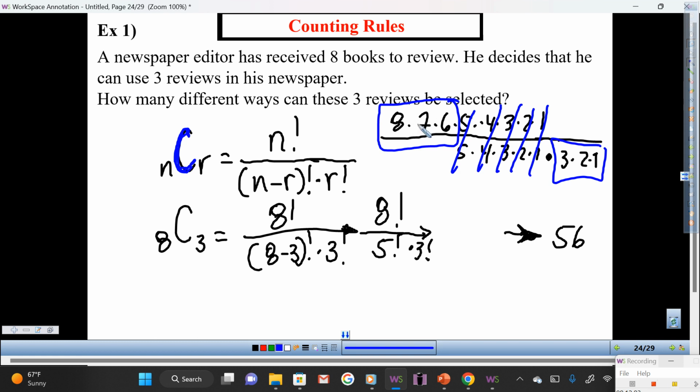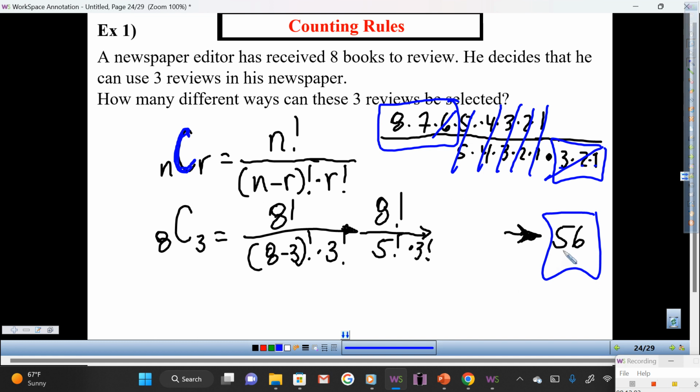So 7 times 8, oh wait, we can reduce a little bit more, right? What is 3 times 2 times 1? 6, cancel 6, and that leaves us with 56. Or, if you want to multiply it out, 8 times 7, 56 times 6, divided by 3 times 2 times 1, which is 6, and you get 56.